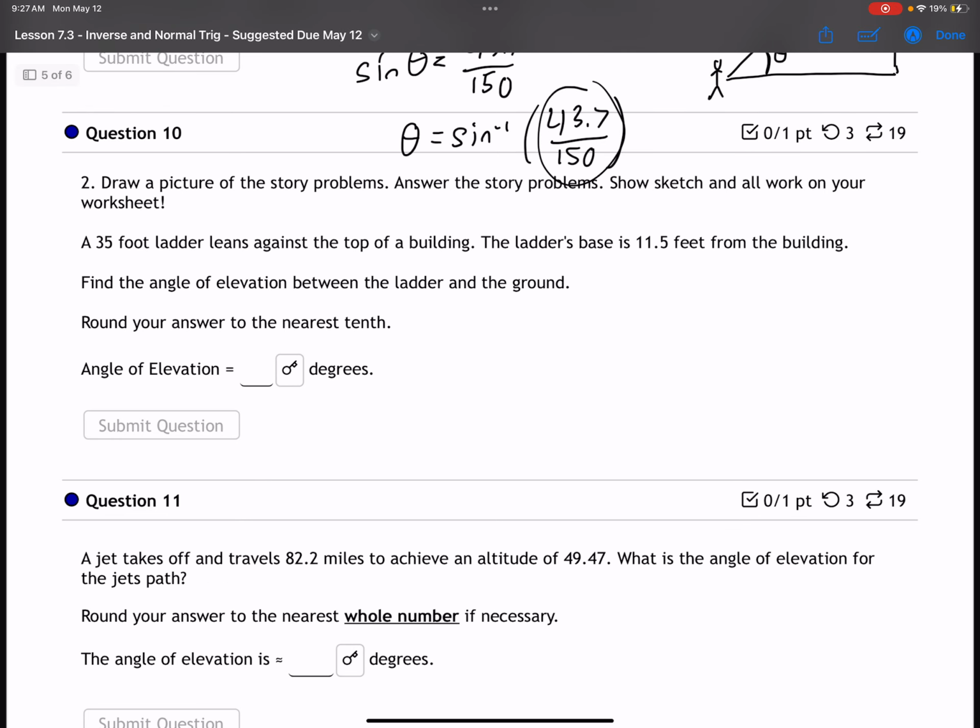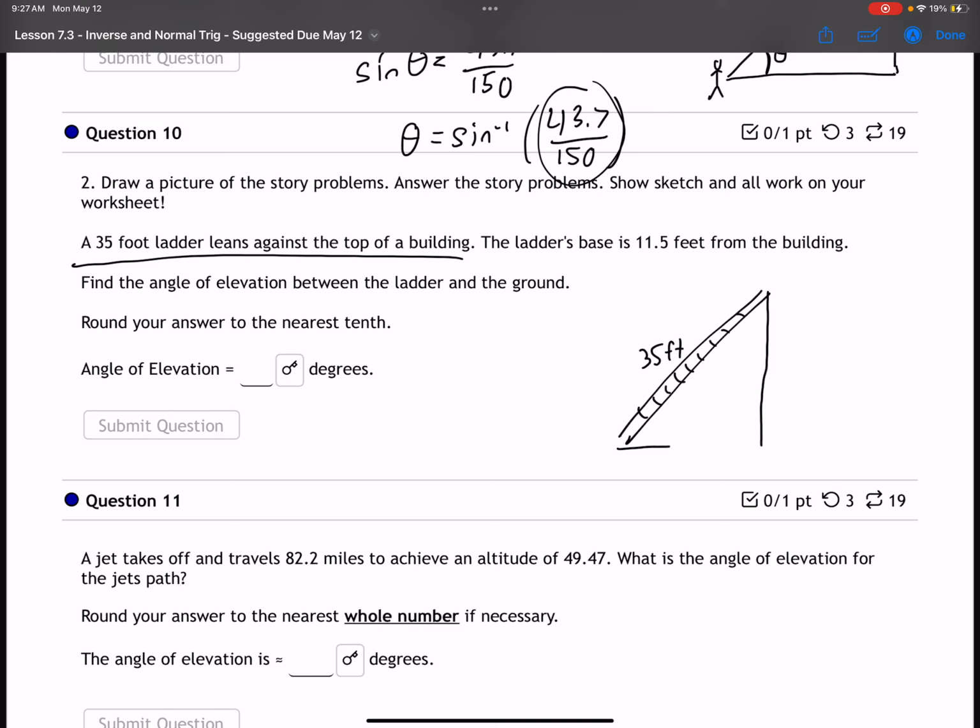Here's another example of our story problem. We have a 35-foot ladder. There's our ladder. It's 35 feet long. And it's leaning against the top of a building.